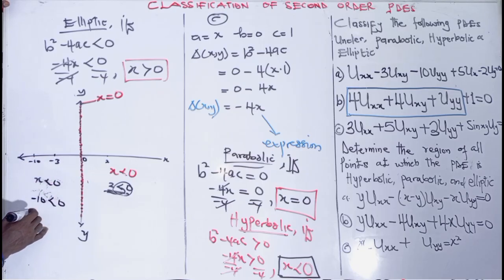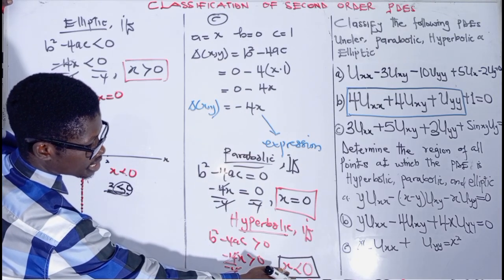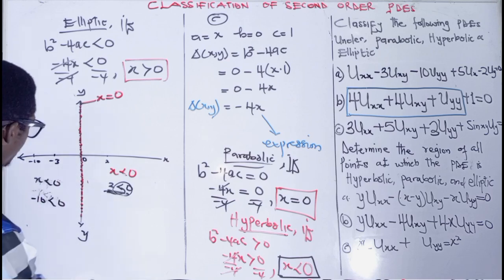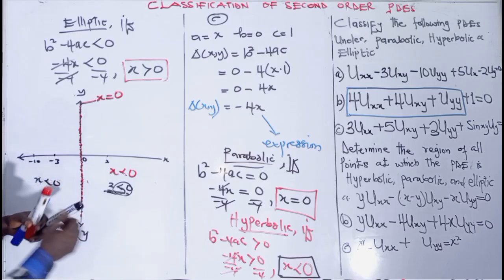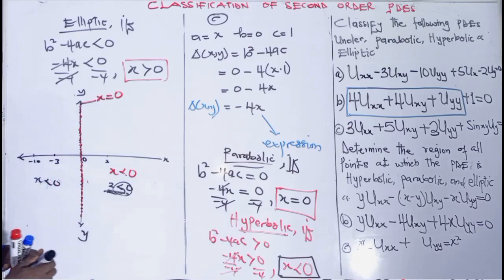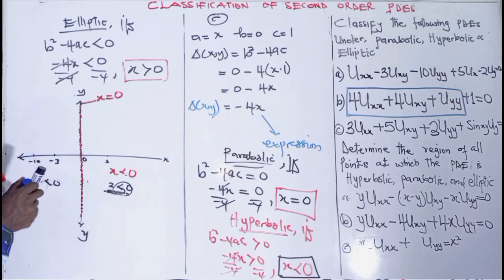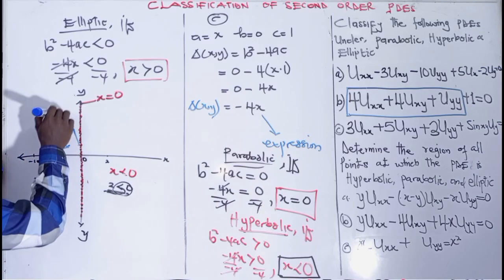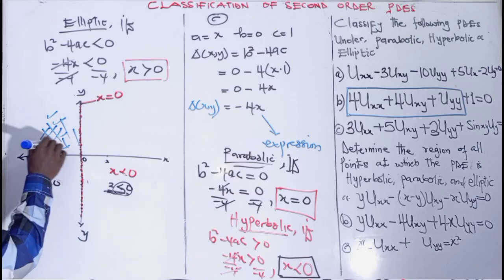Yes, it satisfies the hyperbolic inequality, which says that x is less than 0. So any point we pick on the left-hand side satisfies the hyperbolic inequality. It means that any point here makes the PDE a hyperbolic equation.